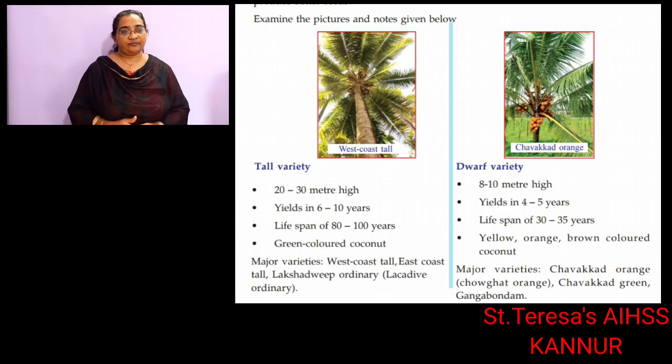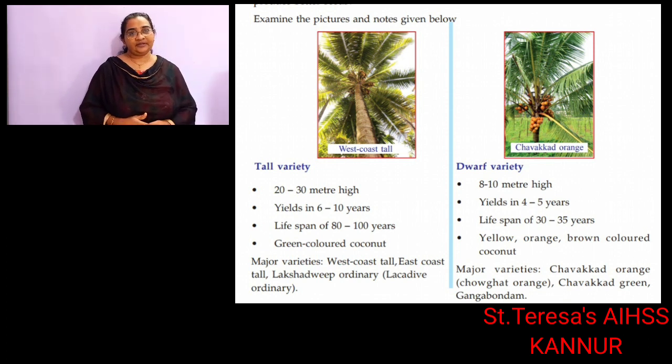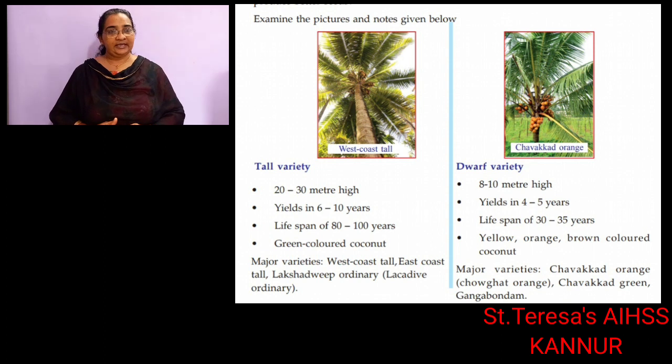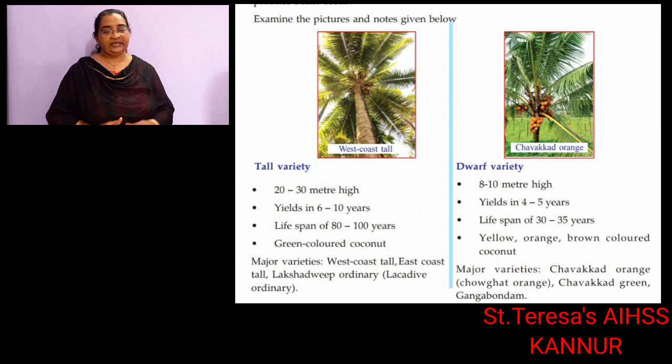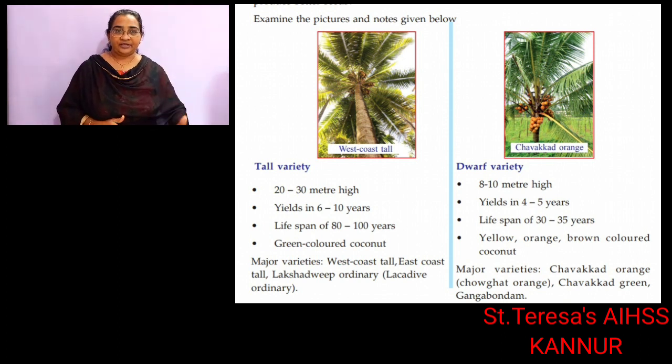What are the qualities of both? Tall variety, it is given 20 to 30 meters high, yields in 6 to 10 years, lifespan is 80 to 100 years, and green colored coconut. Major varieties of these tall varieties are West Coast tall, East Coast tall, Lakshadweep ordinary or Laksha ordinary, it is called. So these are the different varieties which come under the tall variety of coconut trees.